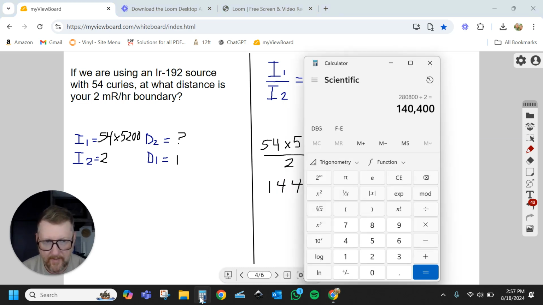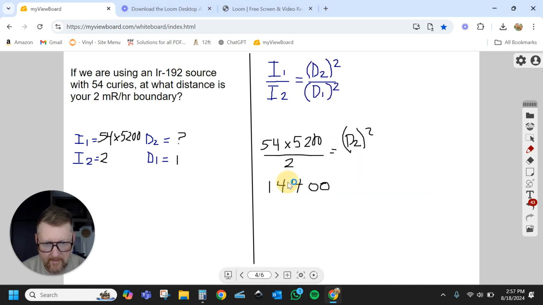Okay, I read that wrong. Zero here. Okay, equals D2 squared. If you remember from the last one, all we got to do to get rid of this little exponent right here is take its square root.